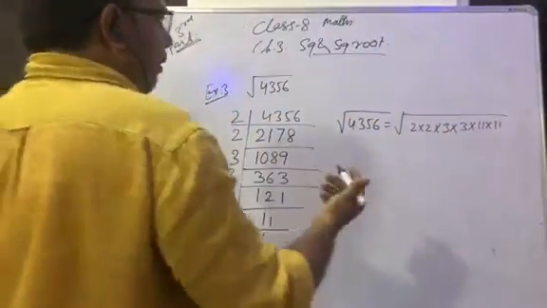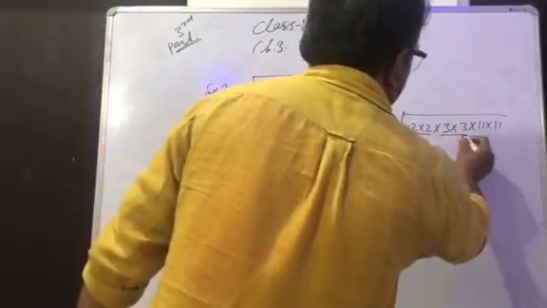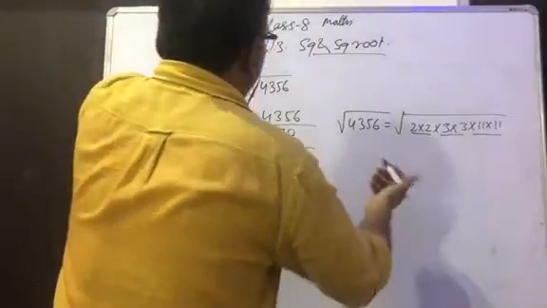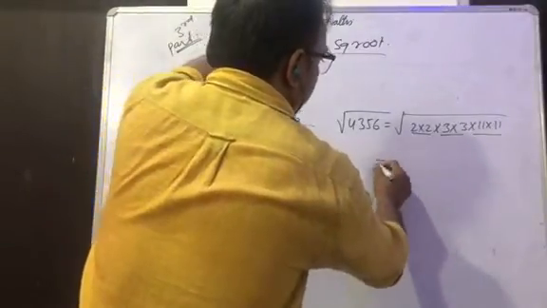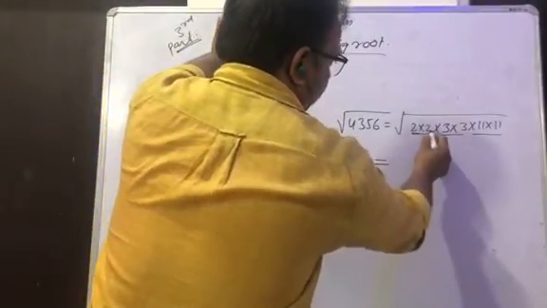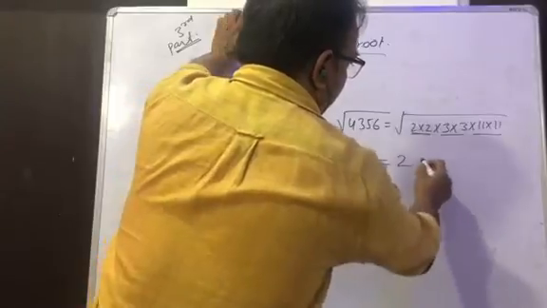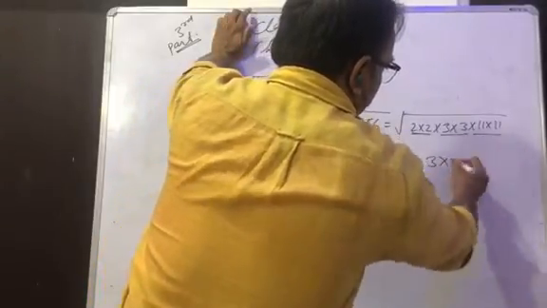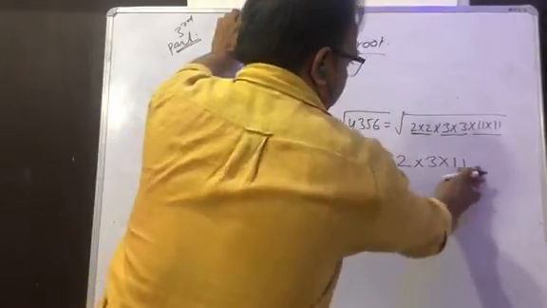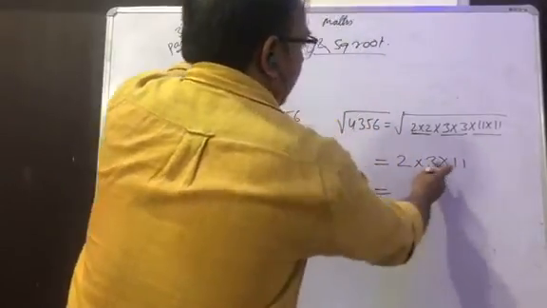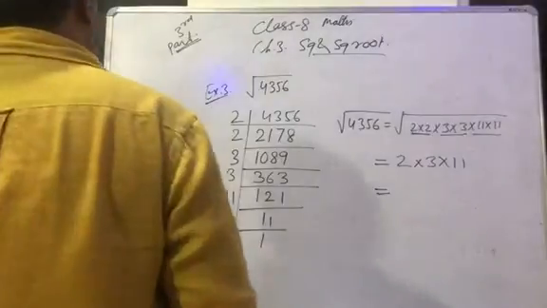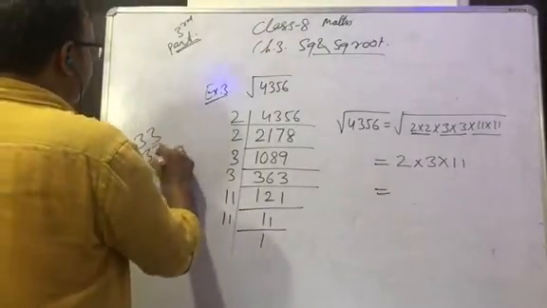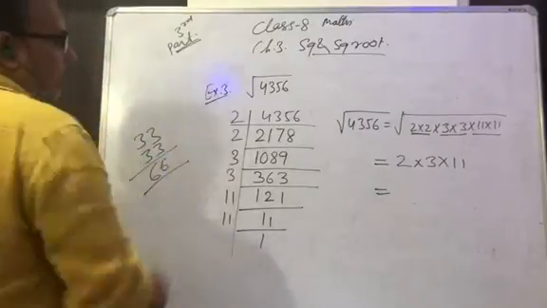Now again you can take out one from each pair. There is 2 times 2, you take out 2. 3 times 3, you take out 3, and 11 times 11, you take out 11. So now 11 threes are 33, and 33 twos are 66.